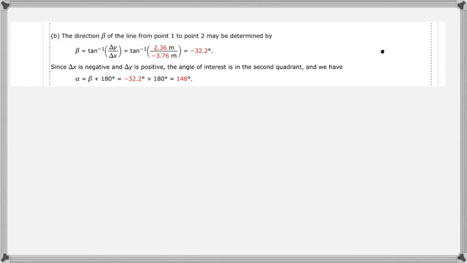So to get the actual angle, which is in the second quadrant, you got to add 180 degrees to that. So when you add 180 degrees to that, you will get the answer as 148 degrees. So that is the answer. Thank you.